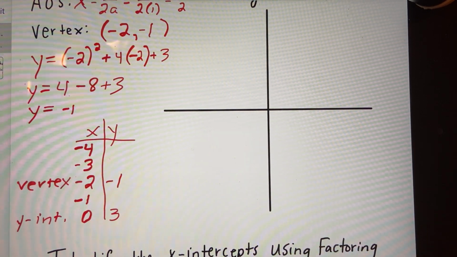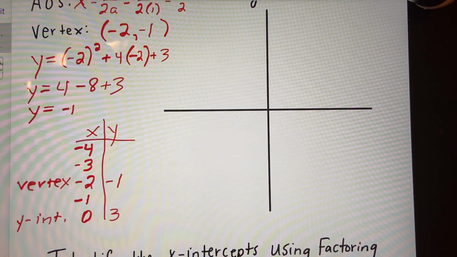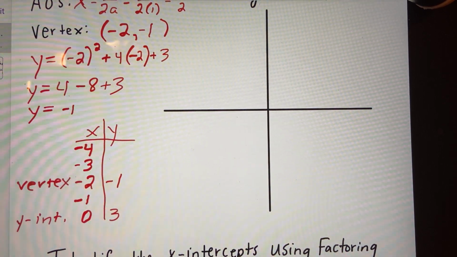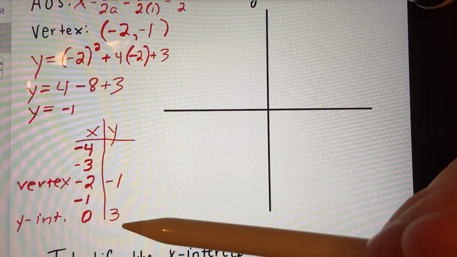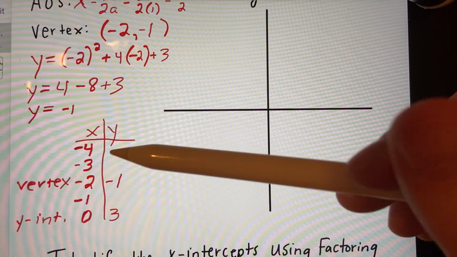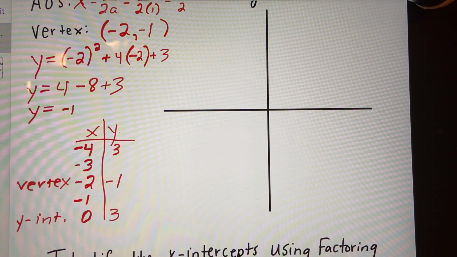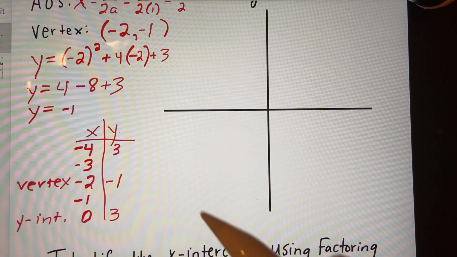Another thing I want to point out about a quadratic is that it's symmetric. We had that axis of symmetry, the dotted line. If it's symmetric, that means if the y-coordinate of this last point is 3, then the y-coordinate of the first point would also be 3. I can tell that by symmetry. So I really just need to solve for one of these, because these two y-coordinates will be the same.